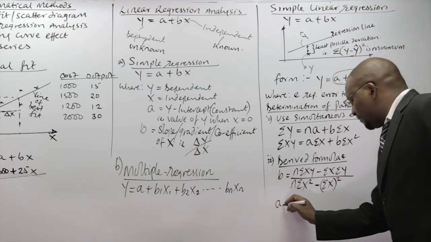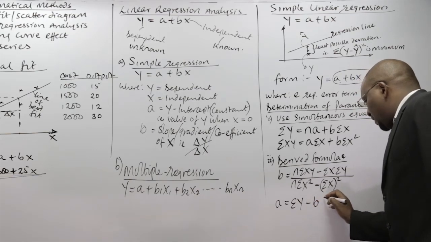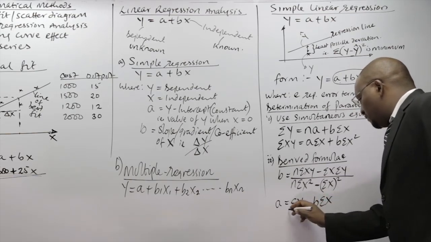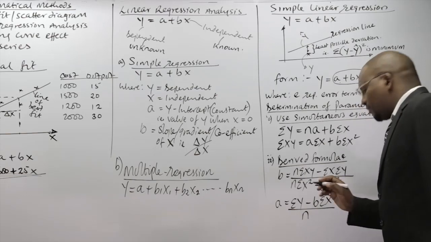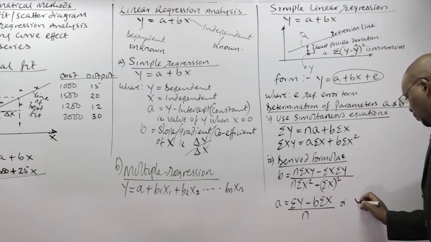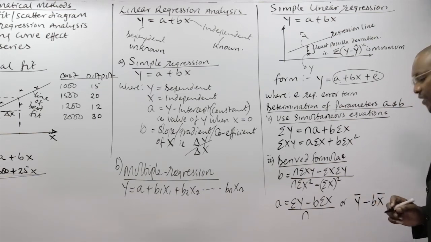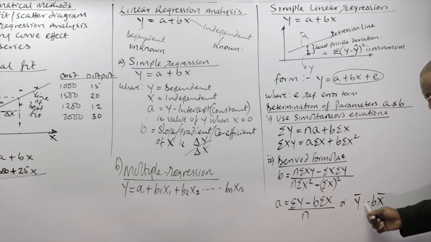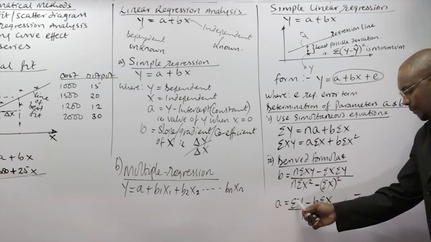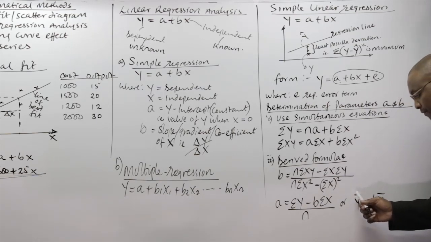Then a, we can have it as summation y minus b summation x, all divided by n. Or you can have it this way: y bar minus b x bar. This means y bar is the average of y, which is summation y divided by n, the mean.